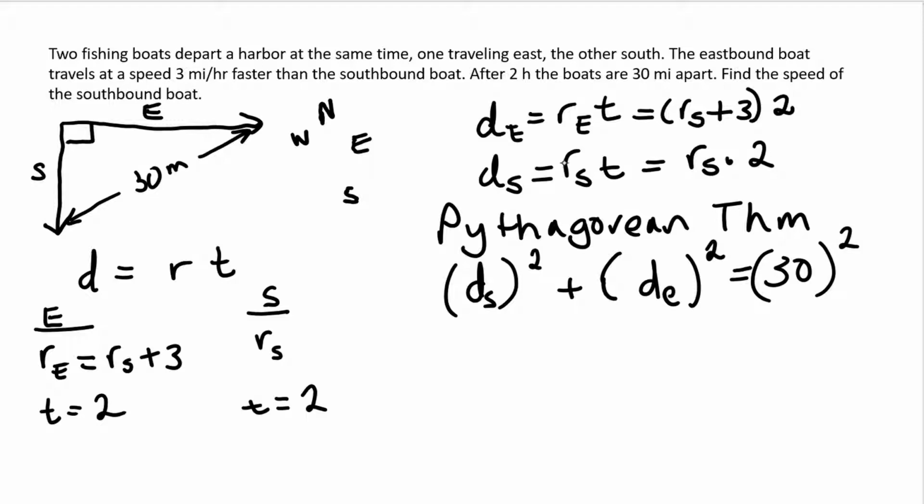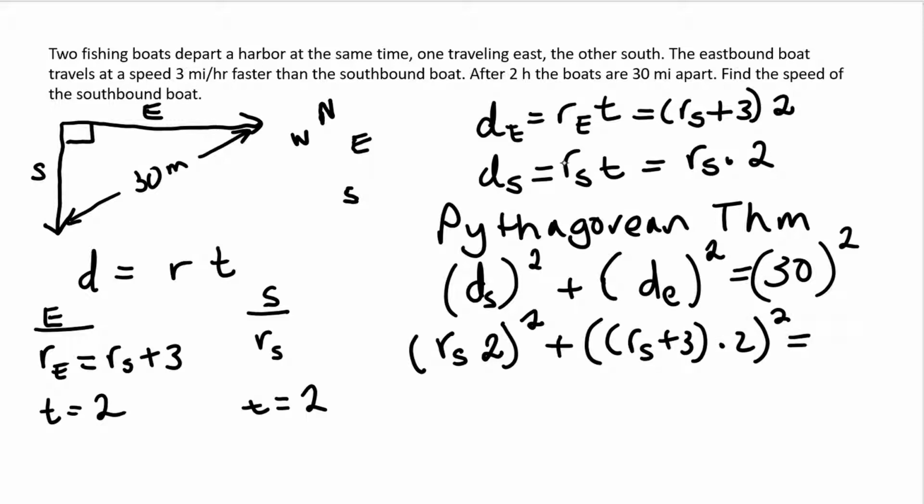The distance using the uniform distance formula is going to be the time, which is 2, times the rate of the southbound, just RS, and that's squared, plus the distance E is going to be RS plus 3 times 2, squared. And let's just go ahead and square the 30, so that'll be 900.